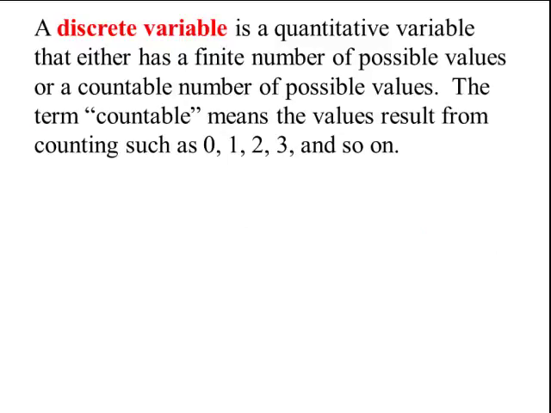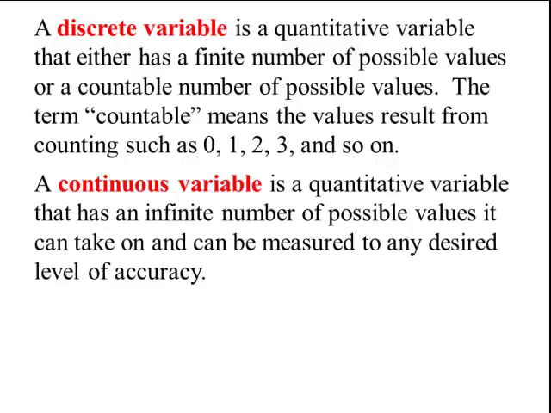We'll begin with the first one, discrete variable. So a discrete variable has a finite number of possible values or a countable number of possible values. Examples of this would be the number of students in a classroom or the number of teeth in a person's mouth. These are things that you count.